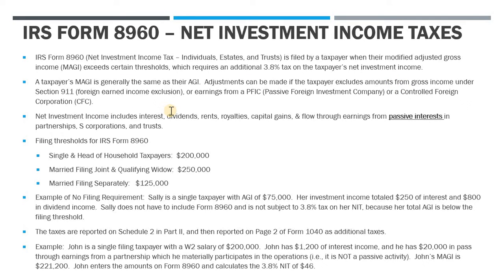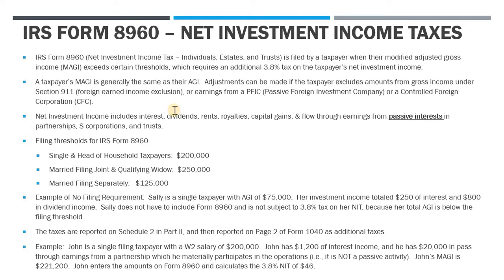So if you're an expat and you're filing a Form 2555, you're going to have to adjust your AGI to arrive at your modified adjusted gross income in order to calculate this tax. And then there's also carve-outs for earnings from PFICs or CFCs under Subpart F income or GILTI inclusions. Stuff like that. So, yeah, generally it's going to be the same number.